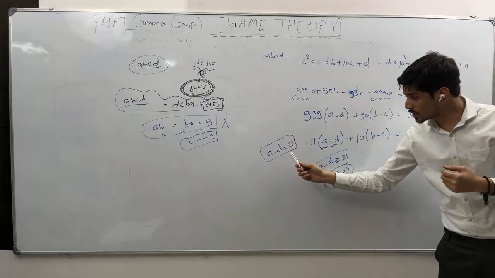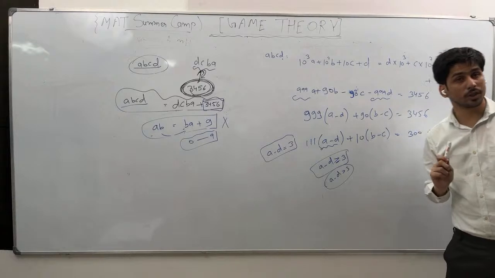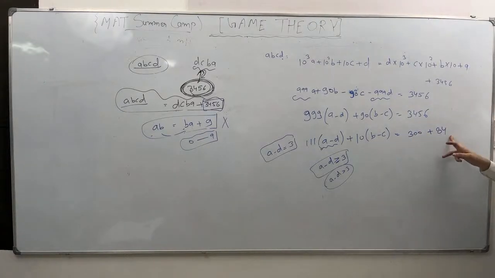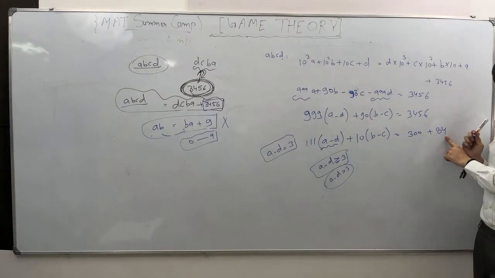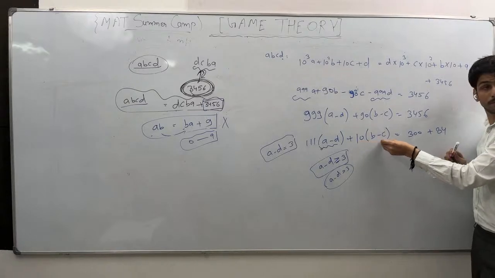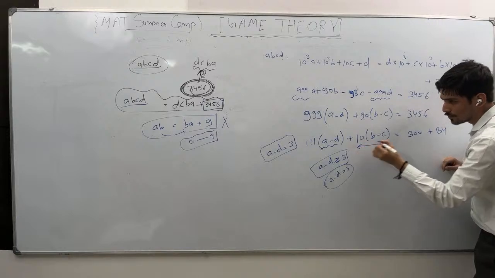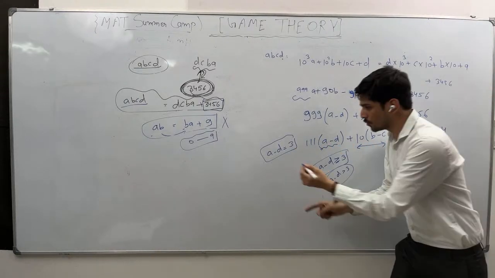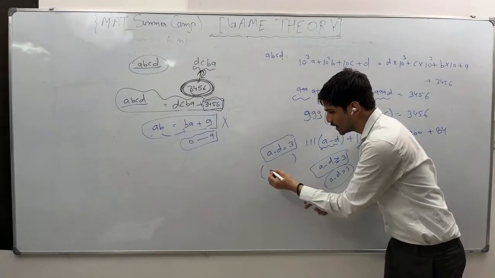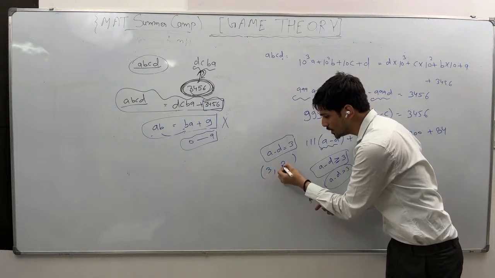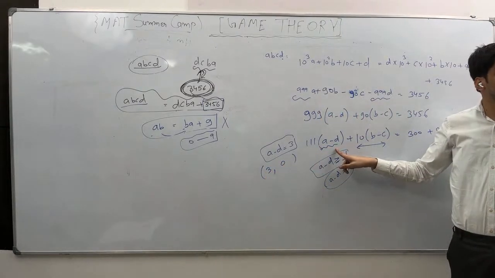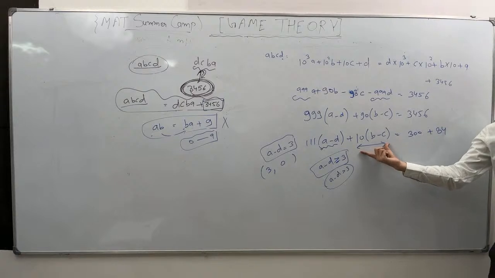So what are the numbers where I can put A minus D equal to 3? Correspondingly, I have to find for 84 also. You see how 84 is coming? 10 times B minus C, right? So from here I can say, this is 333. So first of all, what is the value of A and D? Let's see, if I'm taking A is 3, D is 0. So from here I get 333. So the rest of the number has to come from here.